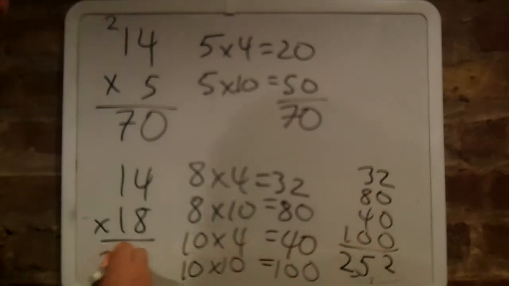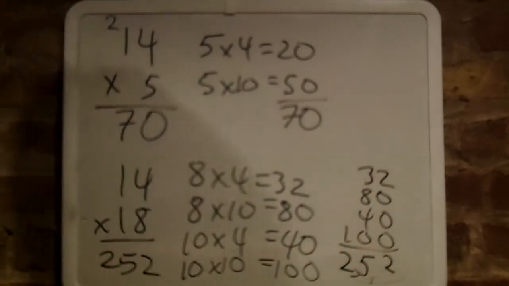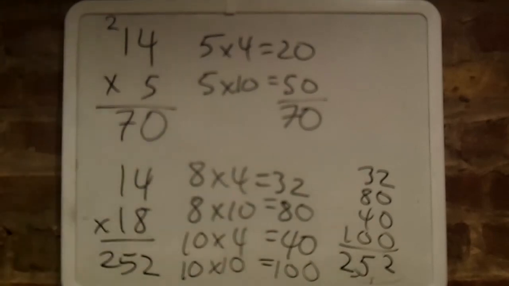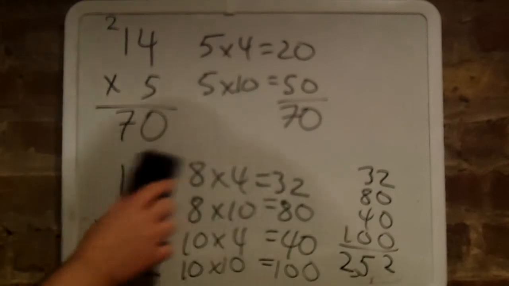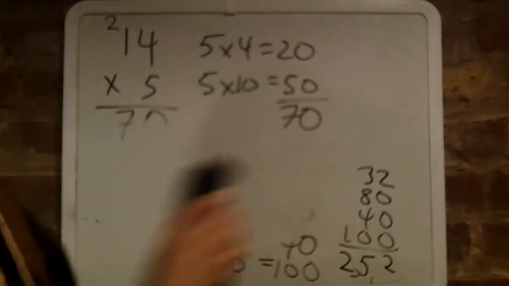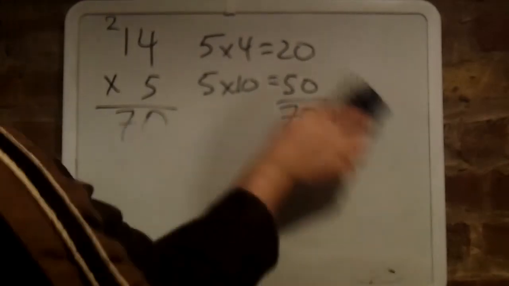So our answer is going to be 252. The easiest way to do these more elaborate multiplication problems is to break it down into single-digit products, or products of single-digit numbers.